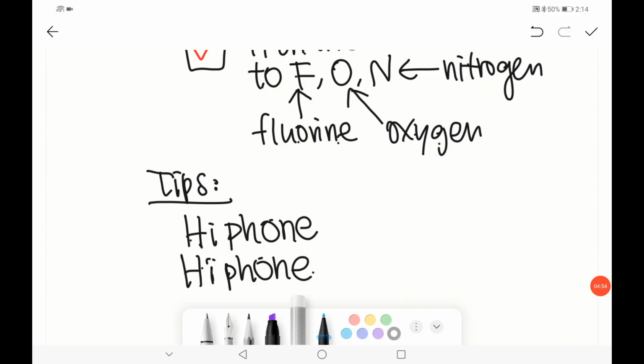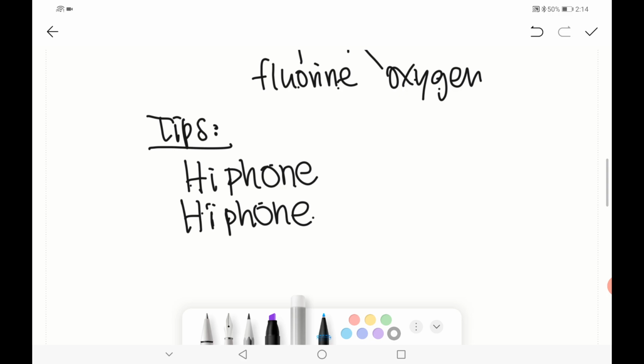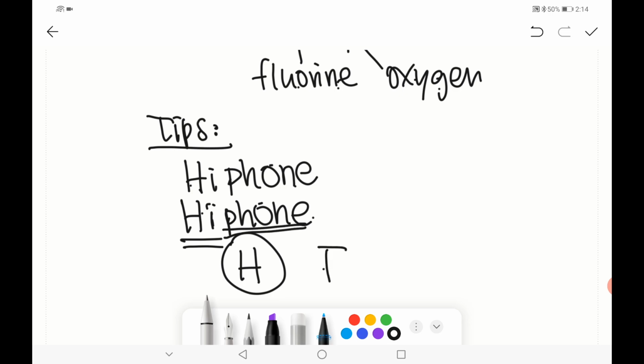What does high phone mean? The high refers to hydrogen. The phone, we are talking about F-O-N, same pronunciation. F is fluorine, O is oxygen, N is nitrogen.